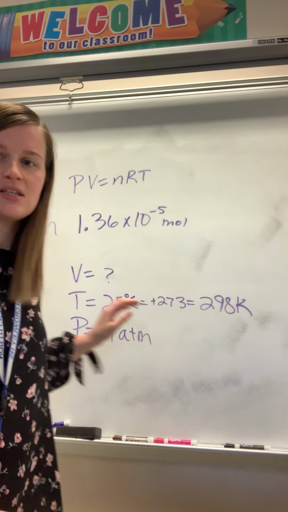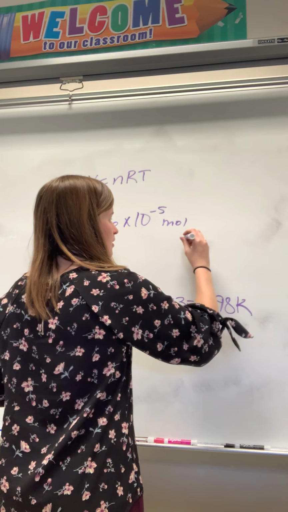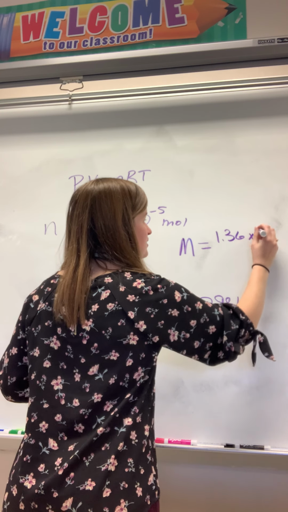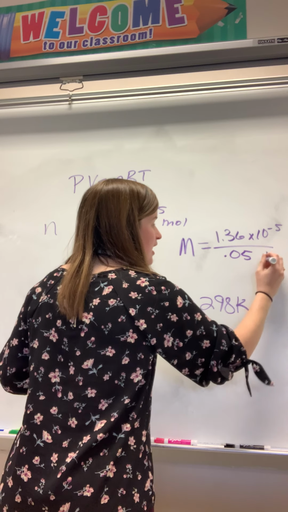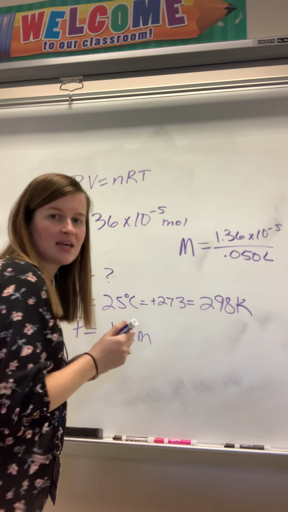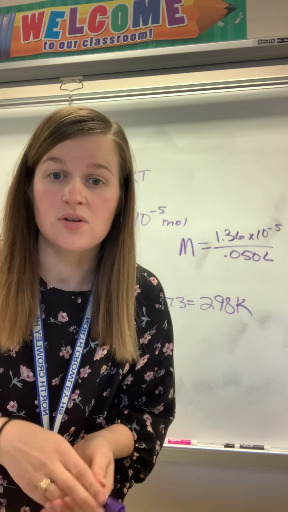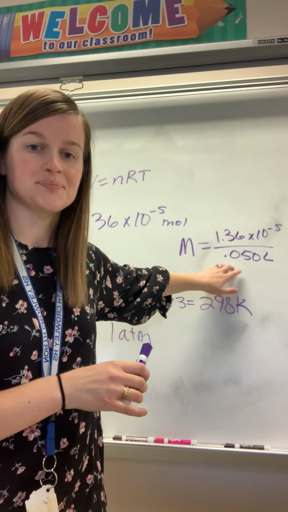So to get the molarity they're asking us for, I'm going to take 1.36 times 10 to the negative 5th and divide it by 0.05 liters. I do that because in part B, it says it was dissolved in 0.05 liters of water. And so that's where we're getting that solution from. And this is going to give us the molarity we're looking for.